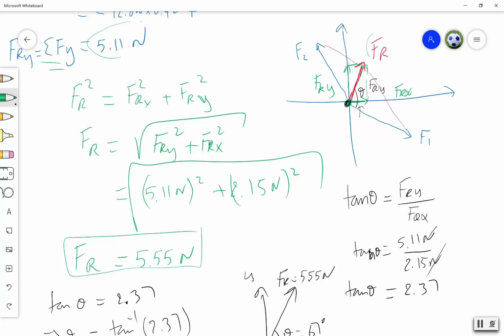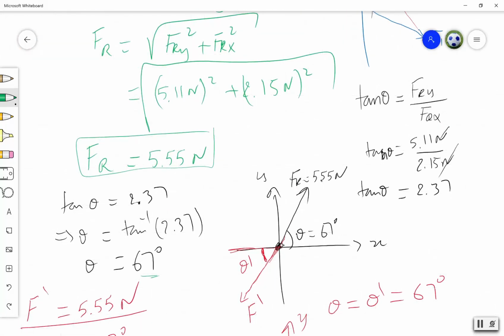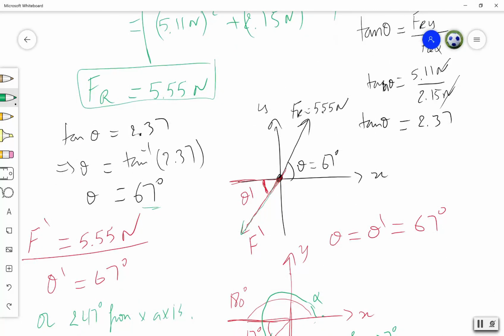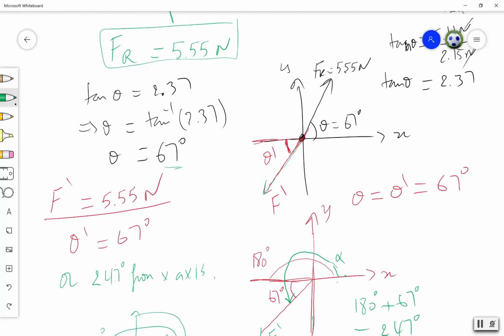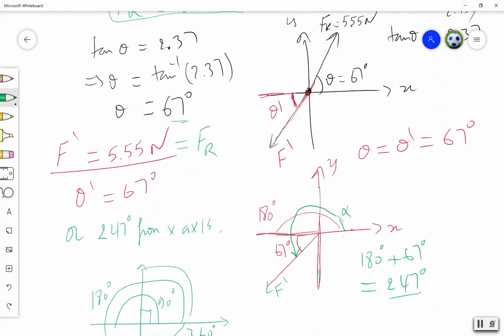In order for us to cancel the force, we have to apply another force with the same magnitude but in the opposite direction. So the magnitude is the same as the resultant force, and the direction you have to find based on how you want to report your force.